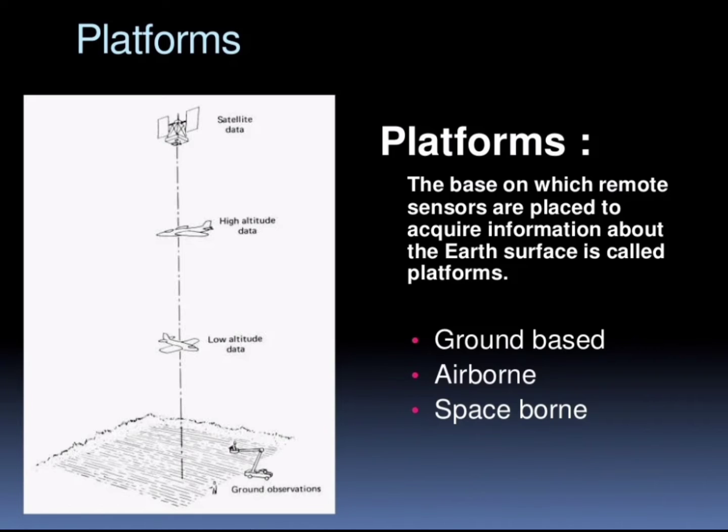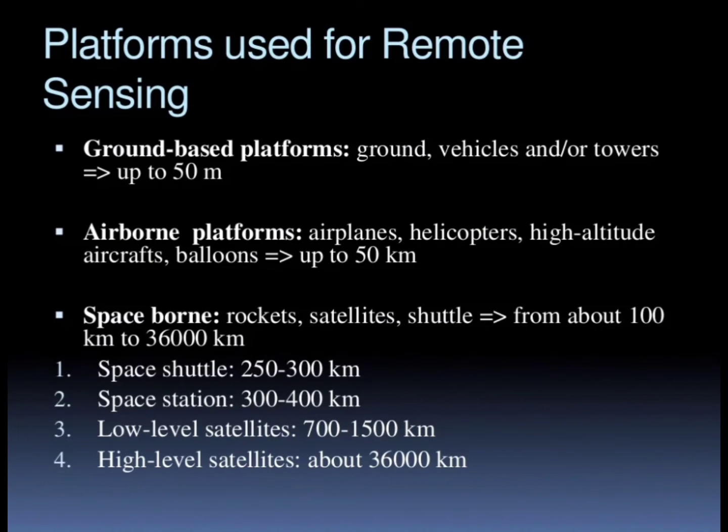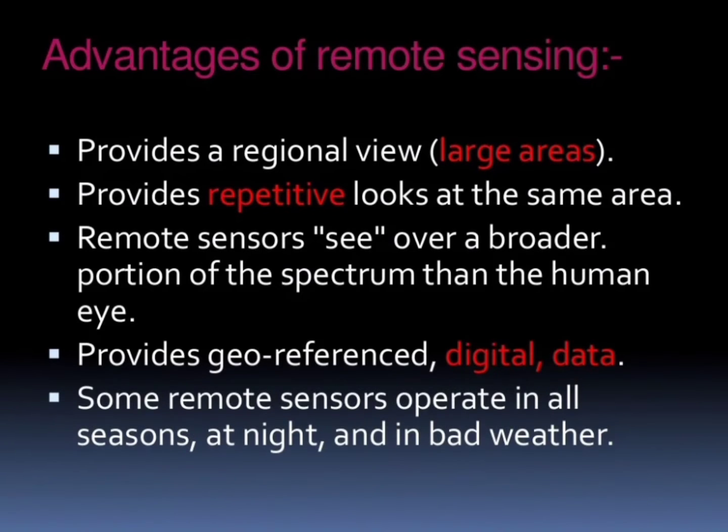There are three types of platforms: ground-based, airborne and spaceborne. Ground-based platforms are ground vehicles and towers up to 50 meters. Airborne platforms are aeroplanes, helicopters, high altitude aircraft and balloons up to 50 kilometers. Spaceborne platforms are rockets, satellites and shuttles from about 100 kilometers to 336,000 kilometers.